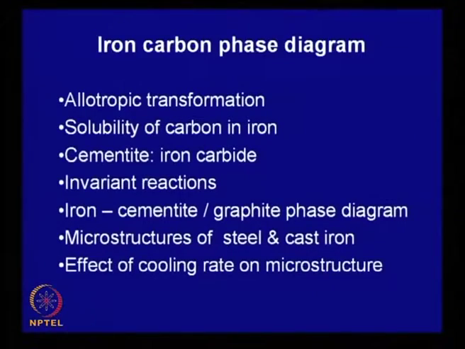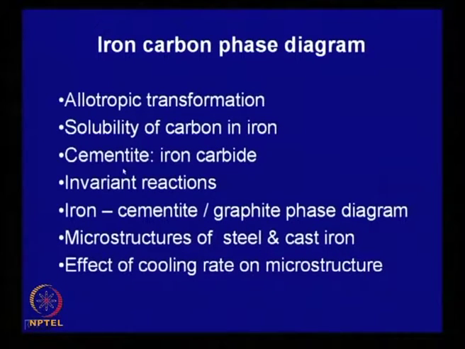Under this chapter, that is the iron carbon phase diagram, we will look at the allotropic transformation. Iron exists in several crystalline forms, and carbon can dissolve in the lattice of iron, and this solubility is a function of crystal structure and temperature.